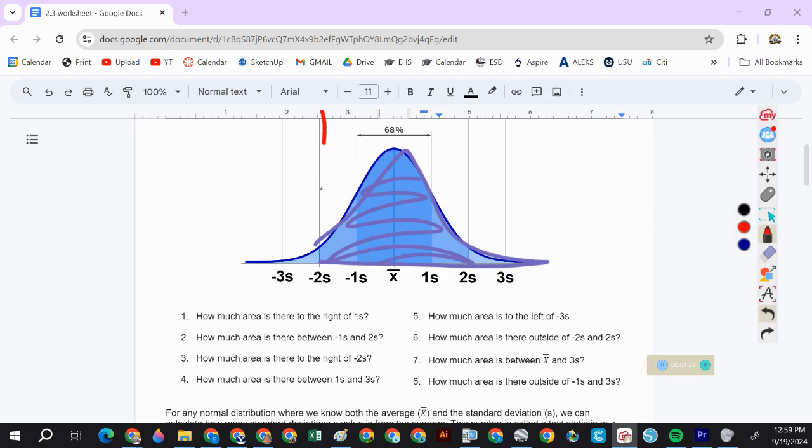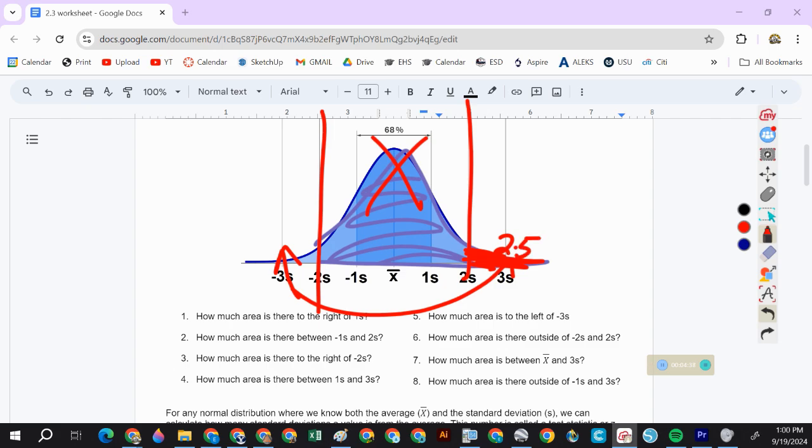Well, how much is between here? 95. So how much must be there and there? 5. And we want to add this chunk to the middle, so this must be 2.5, and this is 95. So it's going to be 97.5. Wow. Except I wrote a 2.